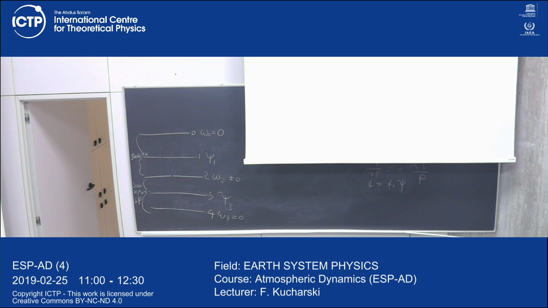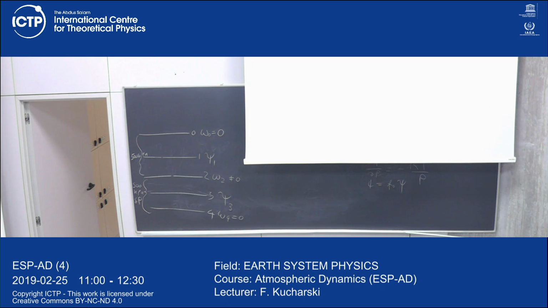And the conclusion is that the most unstable waves for a given u, the first unstable wave for a given u, appear when k square is equal to square root of 2 times lambda square.